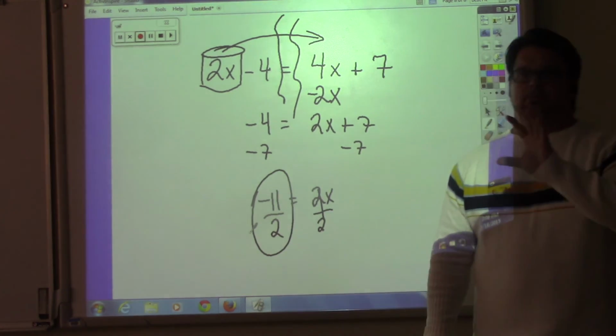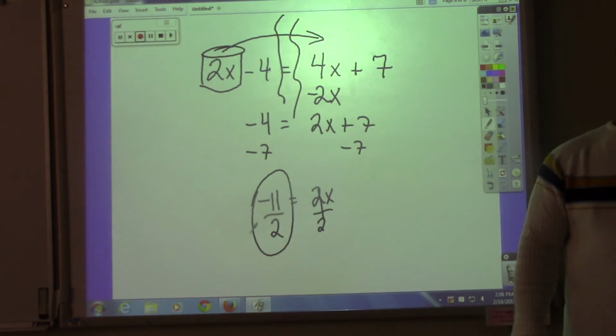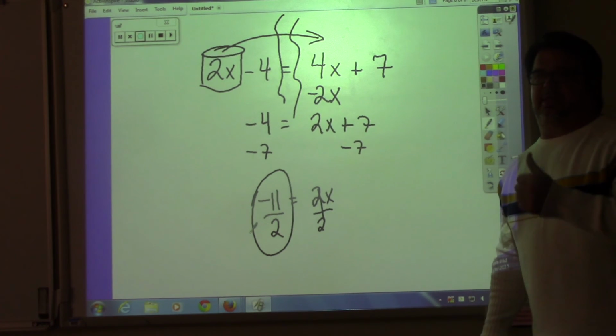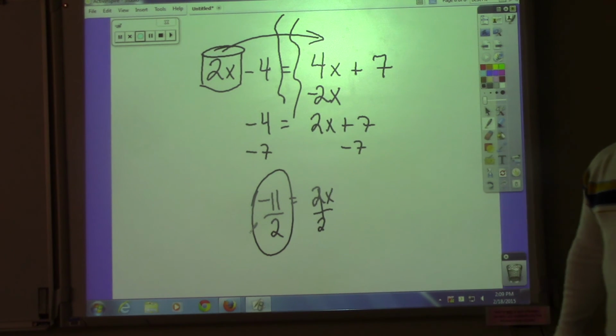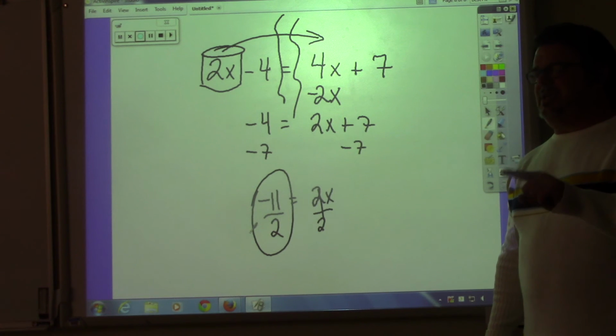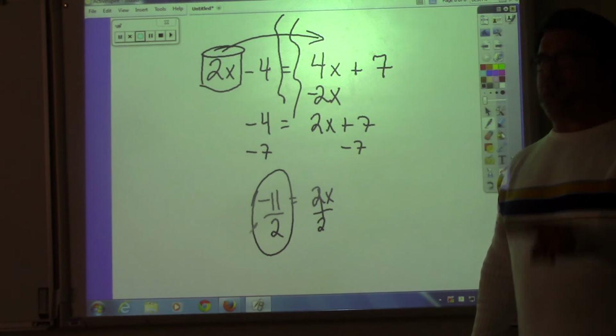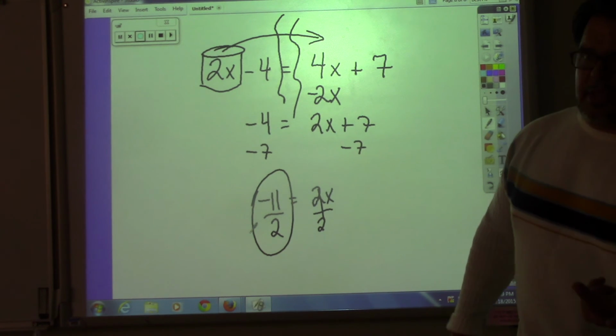Now, before I let y'all go, there are three people in here. One invented how to do algebra. They got 11 is equal to negative 2x, and they just divided by that negative 2, and they got the right answer. Well, that's fine and dandy. But when we're working with inequalities, if you divide through by a negative, you have to remember another rule, which means what? You have to flip the inequality.